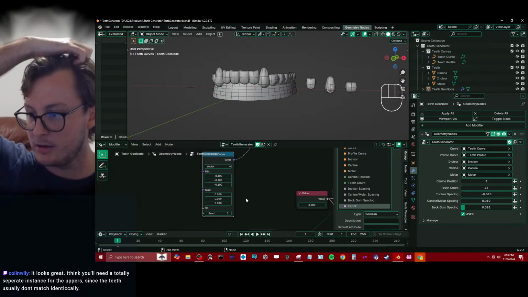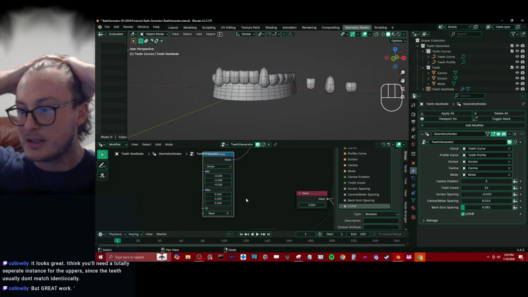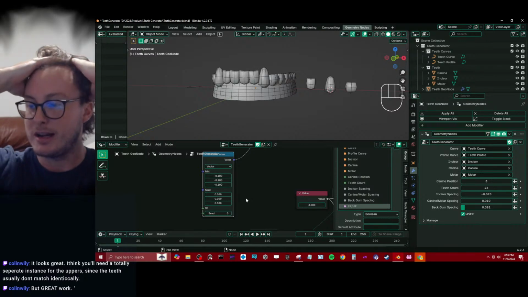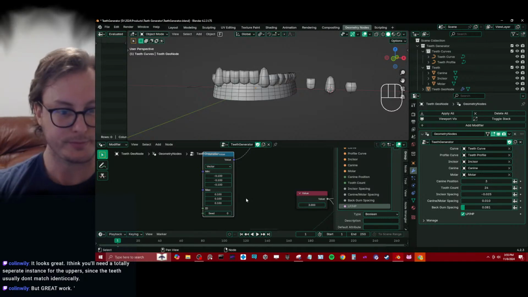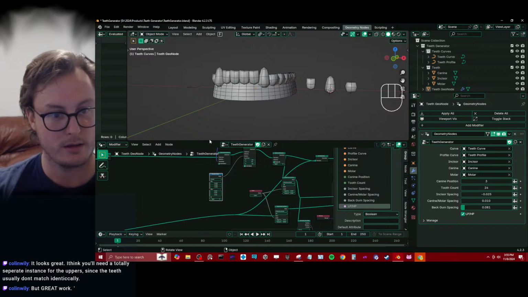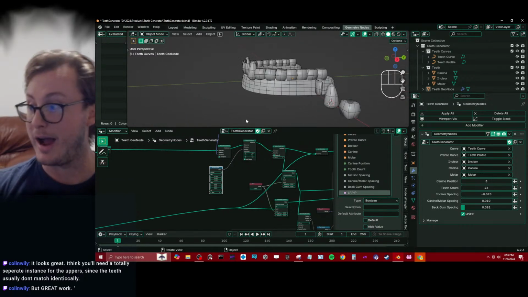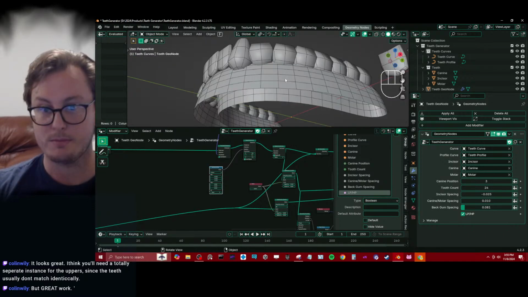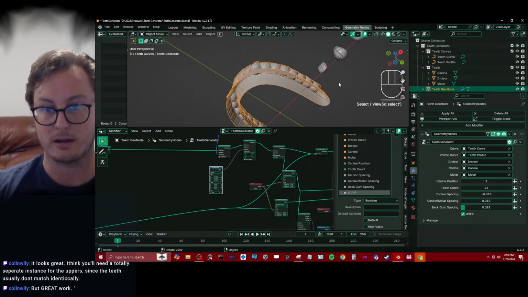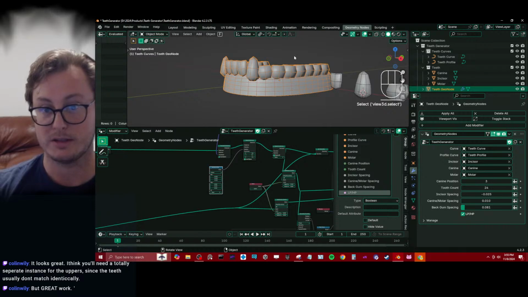Looks great. Think you'll need a totally separate instance for the uppers since the teeth usually don't match identically, but great work. Thank you. Yeah, I think there will be. But what's nice is that I actually already have that because I would just make a second one.